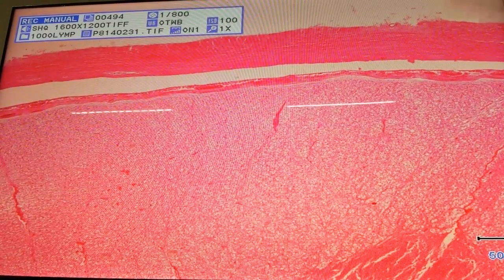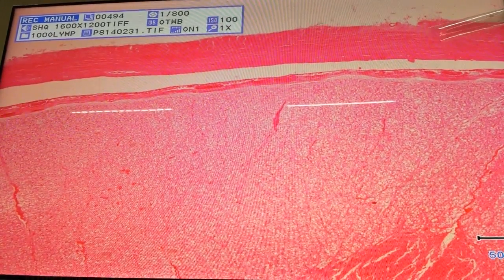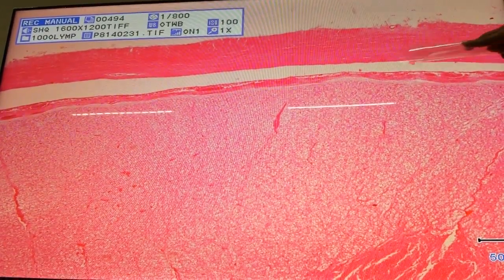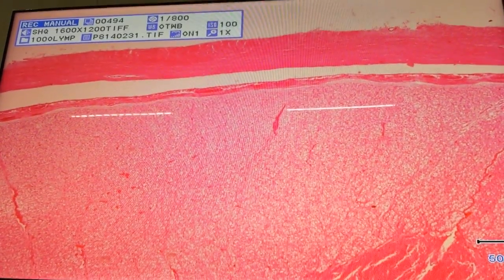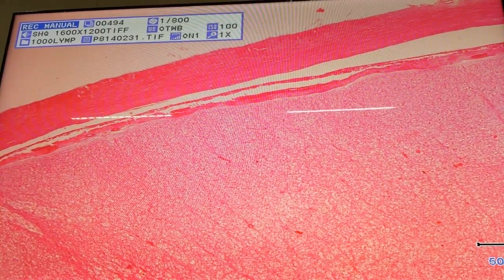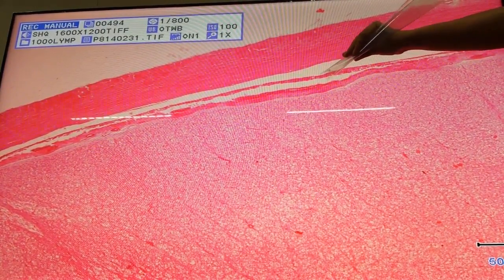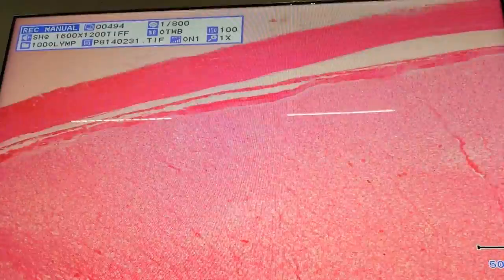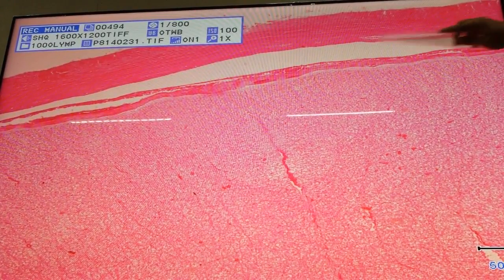This would be the dura. It's a large connective layer. And then the space would be the subdural space. Underneath, you have portions that can be separated into the arachnoid, subarachnoid, then you have the pia. But there are some portions in which they are seen as one, called the pia arachnoid.